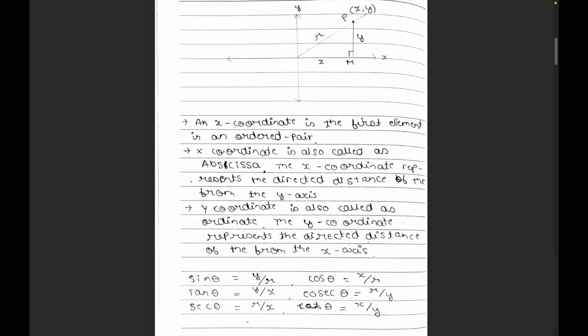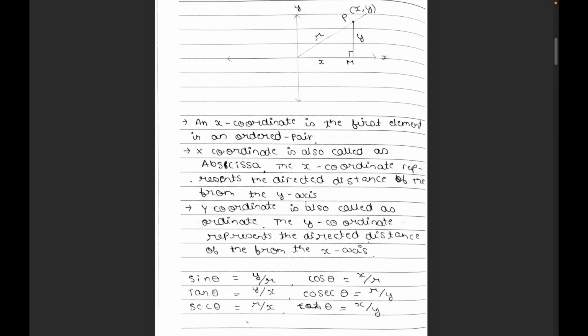So an x coordinate is the first element in an ordered pair. When you're writing coordinates, you write the x coordinate first and then the y. So it's the first element in the ordered pair. Okay, so x is also called abscissa, and the x coordinate represents the directed distance of the point from the y-axis.